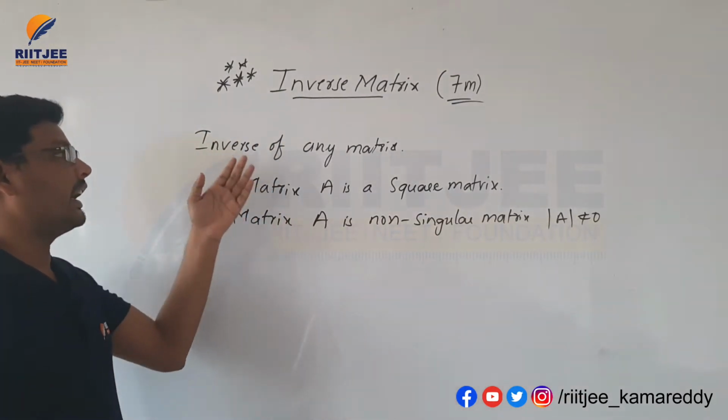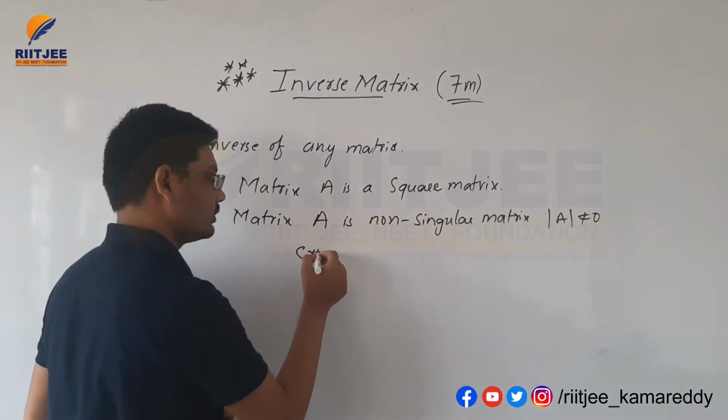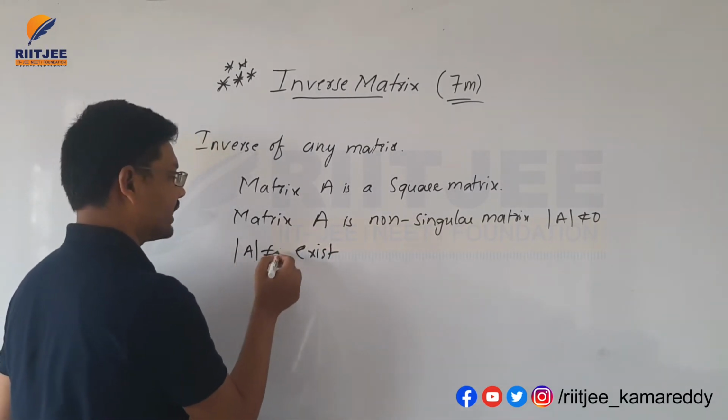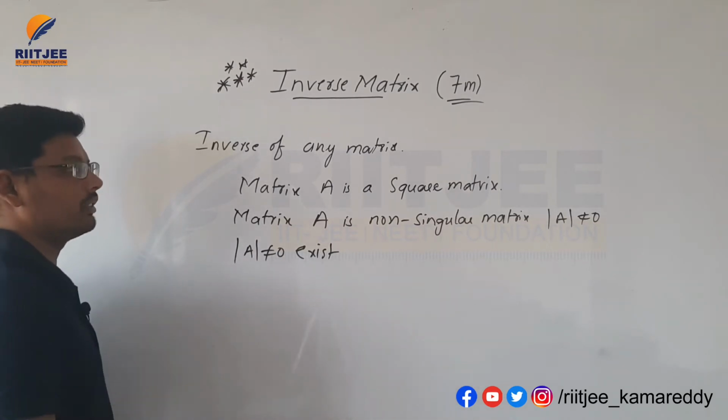Then only A inverse exists here. Modulus of A does not equal 0, then only A inverse exists.